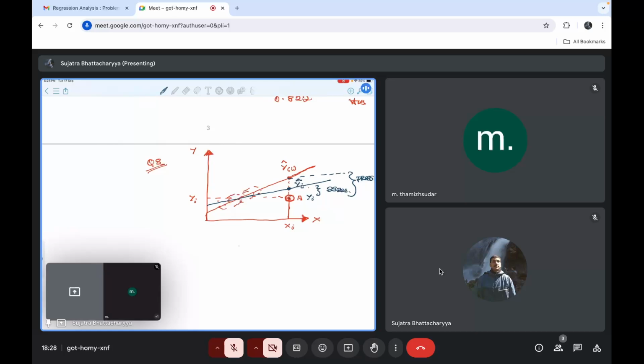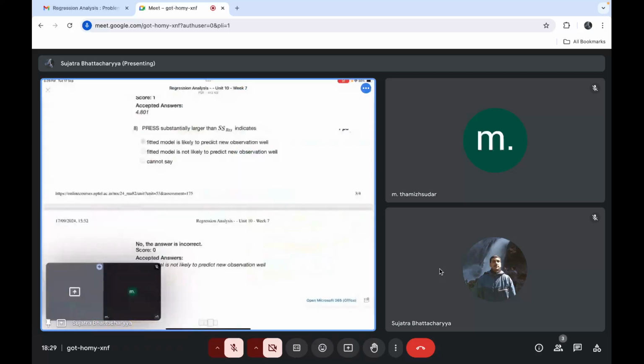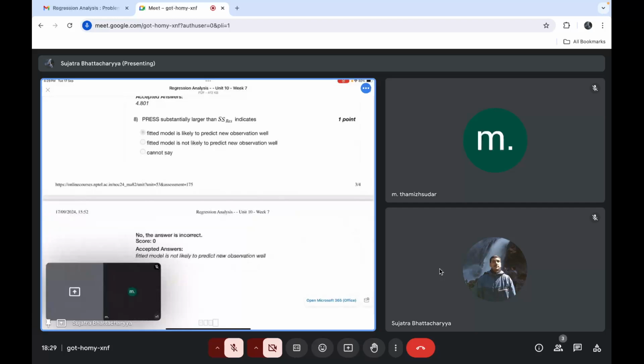So if your PRESS residual is much greater than SS residual, you can see that your fitting is much better. So fitting of the model is much better, right? So if you go to this question, PRESS substantially larger than SS residual, which I have shown, that means the fitted model is likely to predict the new observation well.